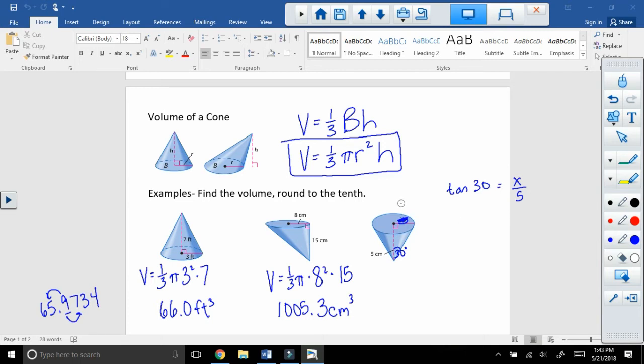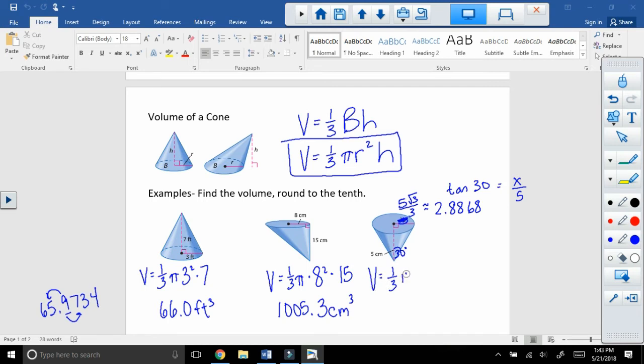So that radius would be 5 radical 3 over 3, or as a decimal, 2.8868. The way I got this is I divided by the square root of 3 because it's a 30, 60, 90. So either way, it doesn't matter to me which way you're using to solve.